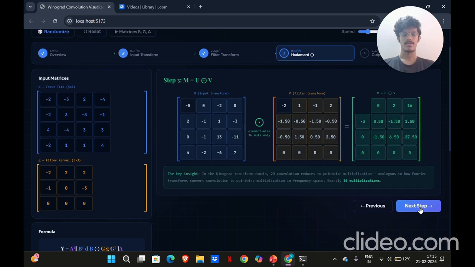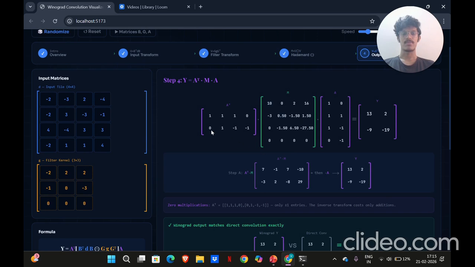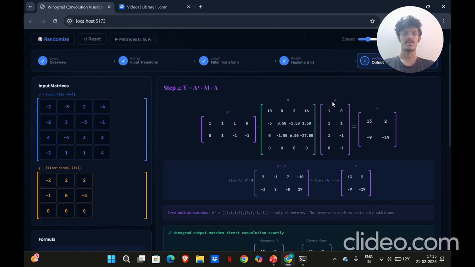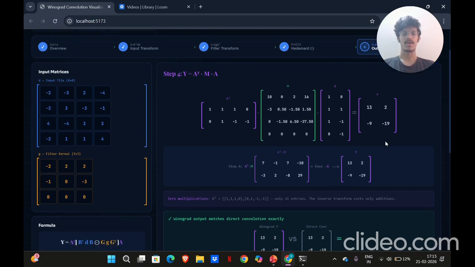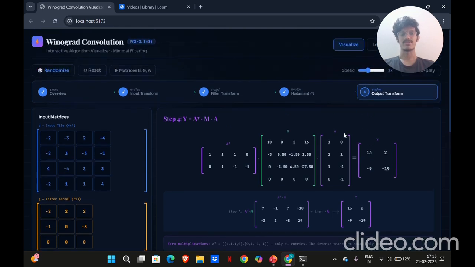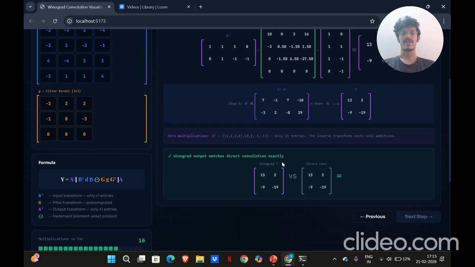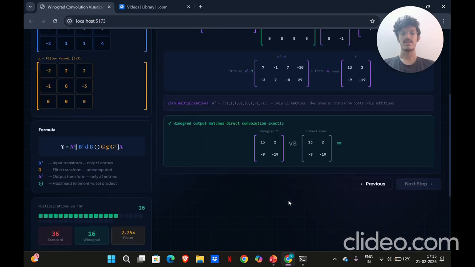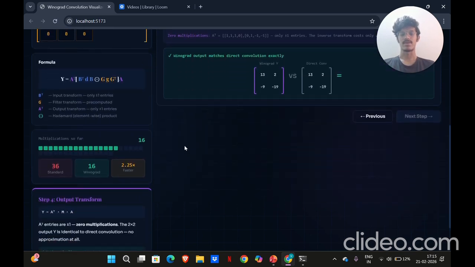And the last step is to compute A transpose times the M which you obtained in the previous step, to get the final Y, which is our final output value. By using Winograd, we can see the result here.